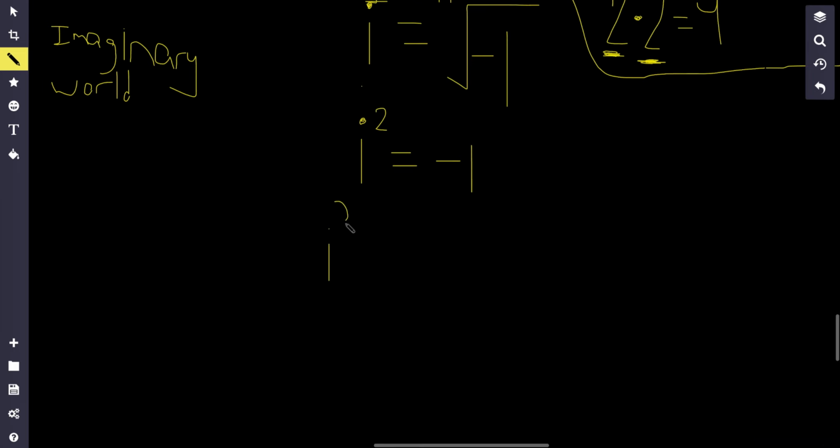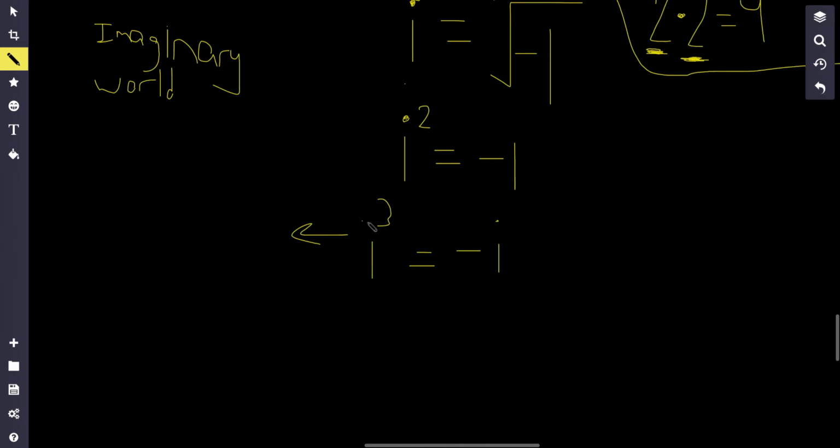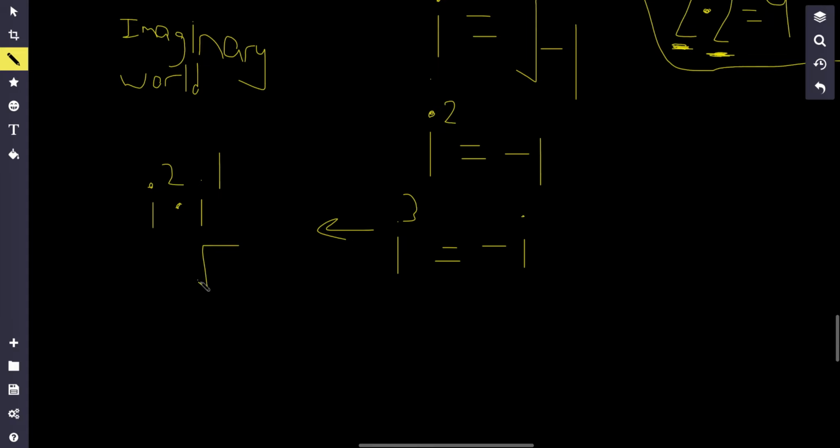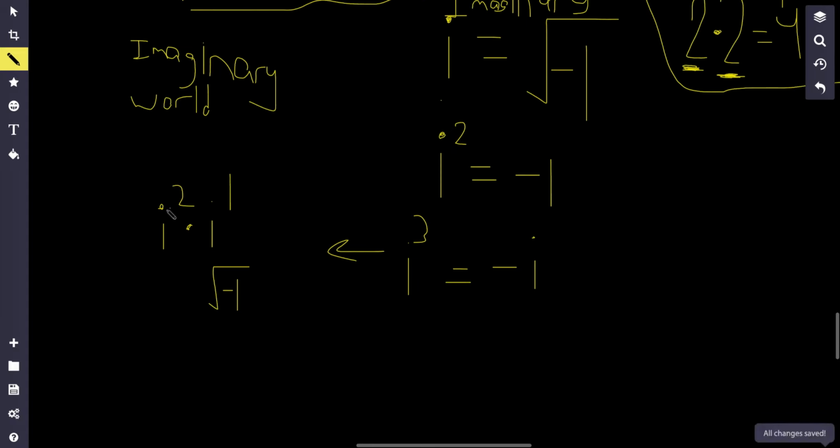Now, i to the third power is equal to -i. The reason for this is because i to the third power is equal to i to the second power times i to the first power. We know i to the first power is equal to the square root of -1, and i to the second power is equal to -1. So this is going to be the same thing as -i, the negative of the square root of -1.